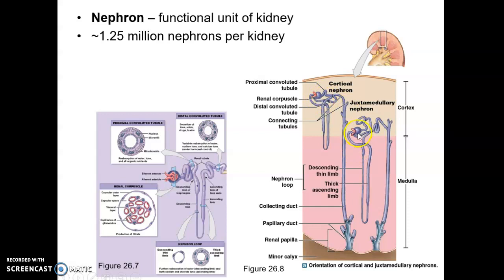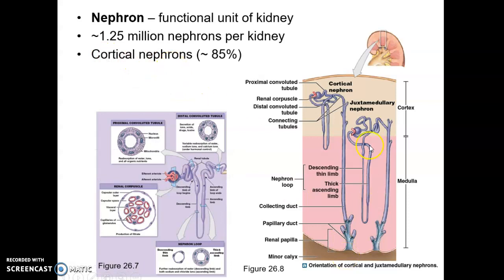This round structure is called the renal corpuscle, and then this convoluted structure is the proximal convoluted tubule, and then the nephron loop, also called the loop of Henle, and then what's referred to as the distal convoluted tubule, and then the collecting duct, which carries urine out at the end of the renal papilla that drops into the minor calyx.